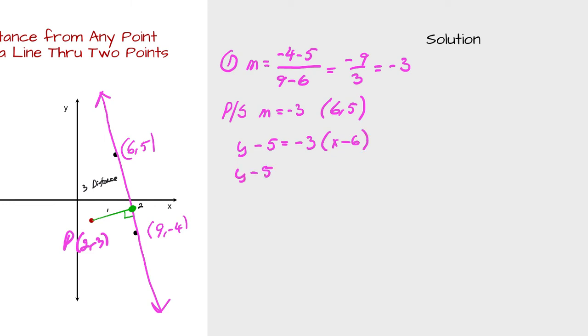Expand: y minus 5 equals -3x plus 18. I'm going to put my 3x to the left, bring down the y, bring down the 18, put the 5 across, it now becomes positive, and now I have the equation of my pink line.